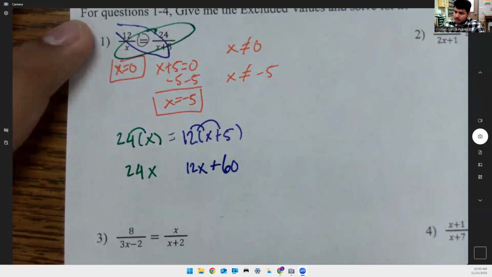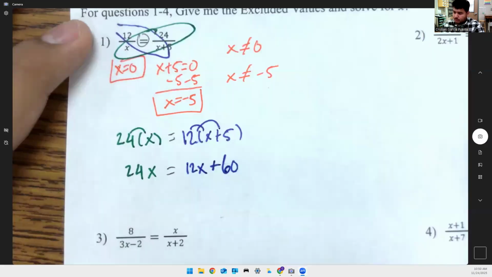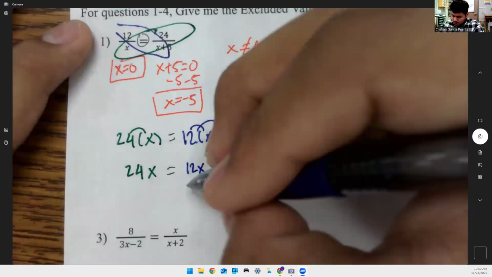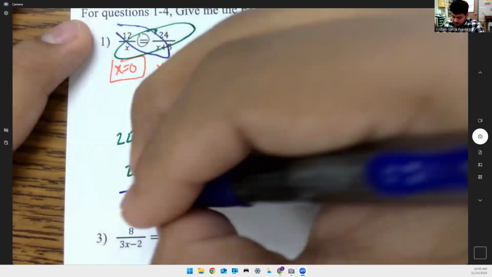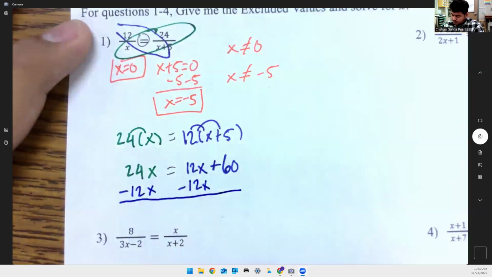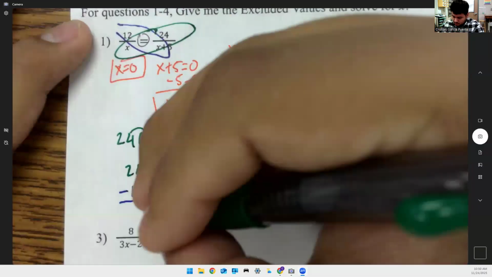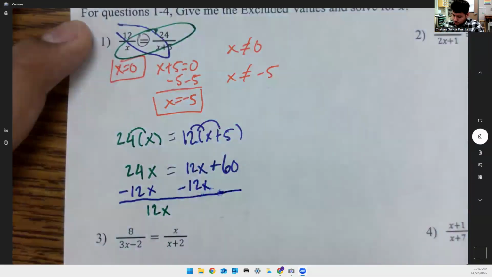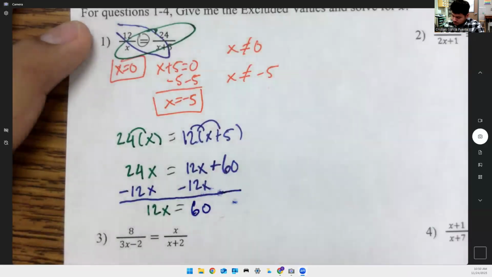Symbol in between stays as equal. And now we want to get all x on one side, so subtract that 12x on both sides. 24x minus 12x is just 12x, and that's going to be equal to 60. So divide both sides by 12.